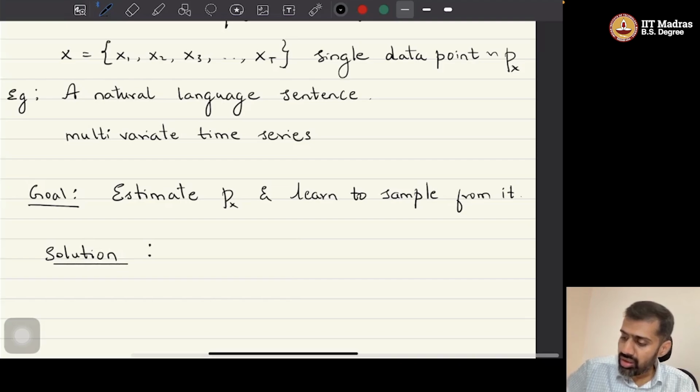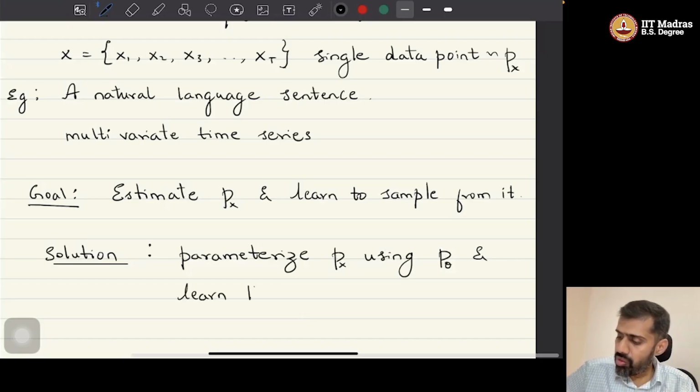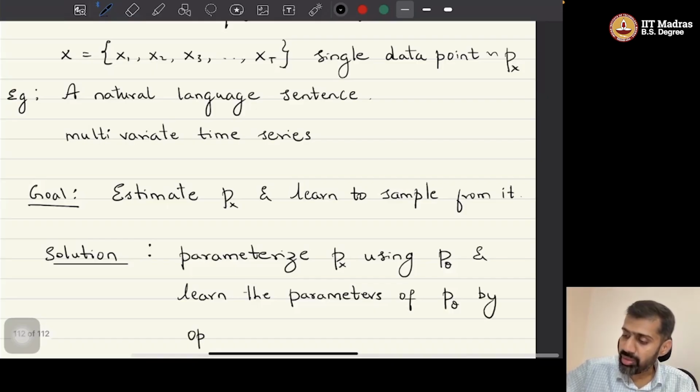Parameterize px using a model p theta and learn the parameters of p theta by optimizing, or rather minimizing, a divergence metric. So the story still remains the same, that we are trying to learn the parameters of the model p theta by optimizing for the parameters by minimizing a particular divergence metric.